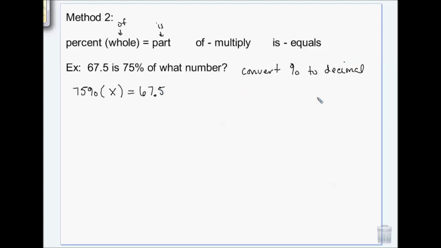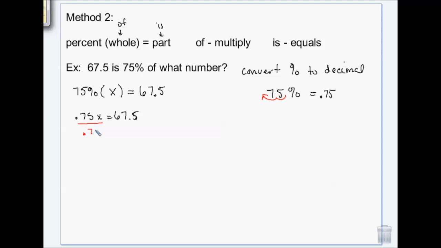To convert a percent to a decimal, if I have 75%, here's an easy way to remember it. I want to convert from a percent to a decimal. I have a percent, it has 2 dots, right? So 2 decimal places away from the percent sign, because I'm moving away from a percent and going to a decimal. So I do 0.75x is equal to 67.5.